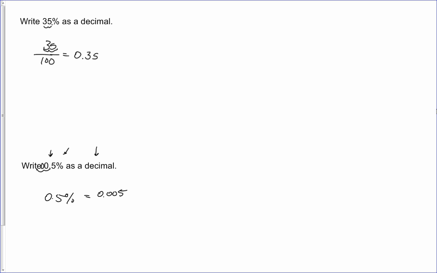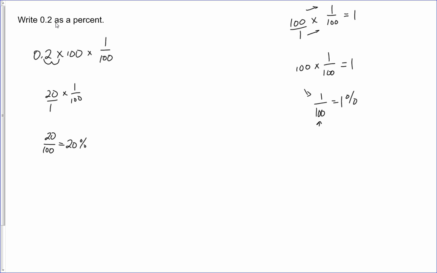Now, if we go back to our previous problem, write 0.2 as a percent. If you remember that going to a percent from a decimal, your number is going to get larger, it'll help you remember which way to move your decimal point. So if you want to go to a percent, you move your decimal point 2 places to the right.